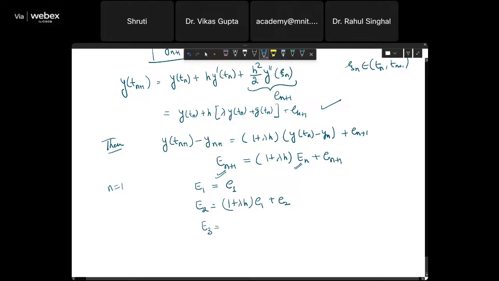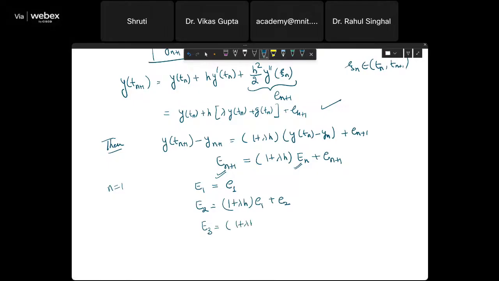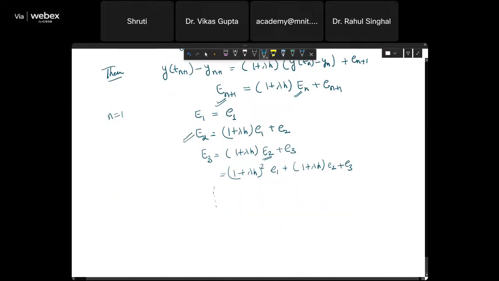At third step, global truncation error, again using this expression, and then substituting capital E2 from this, what we get here is (1 plus lambda h) whole square e1 plus (1 plus lambda h) small e2 plus e3.